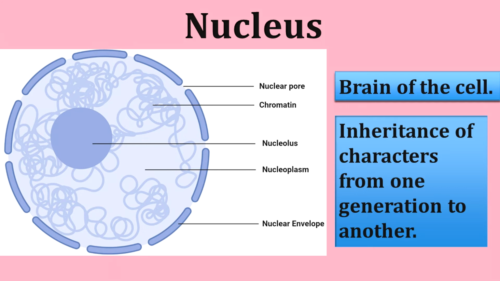So, what are the two functions of the nucleus? It controls all the activities of the cell, so it is known as the brain of the cell, and also the controlling center of the cell. Transfer of hereditary characters from generation to generation is also the function of the nucleus.